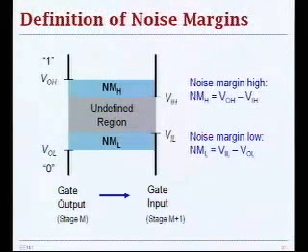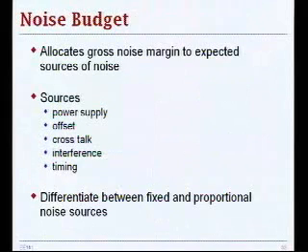But it's not only the size of this bin, it's also the robustness of a gate to noise sources. When designing your gates, you need to allocate a certain noise margin to expected noise sources, to make sure that your gate is robust.